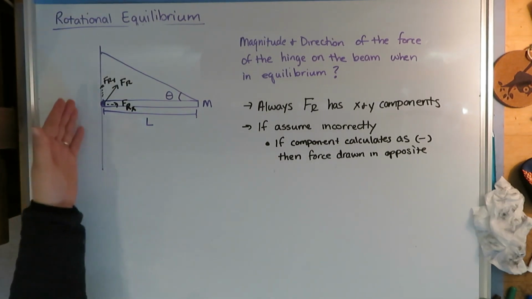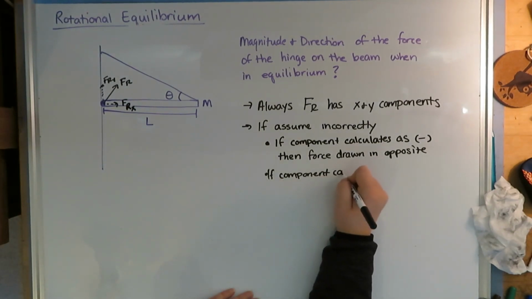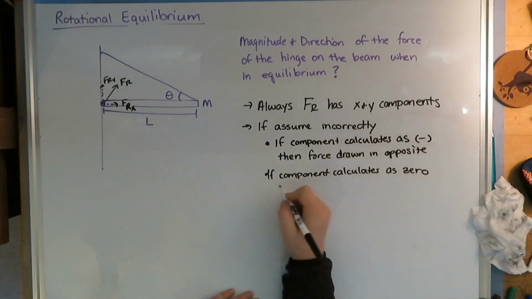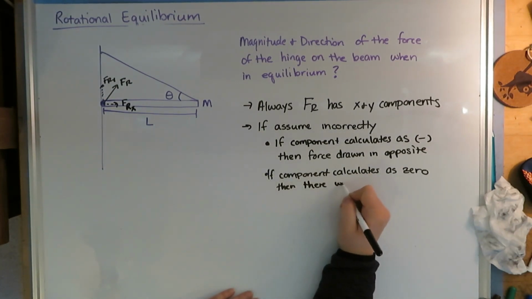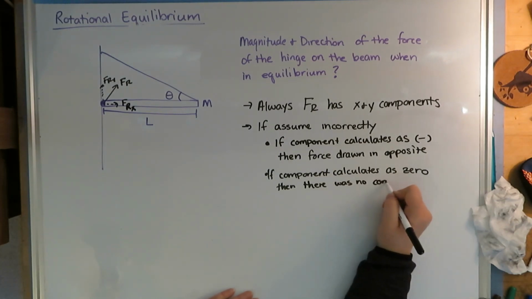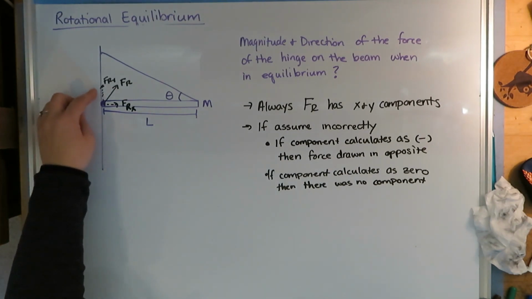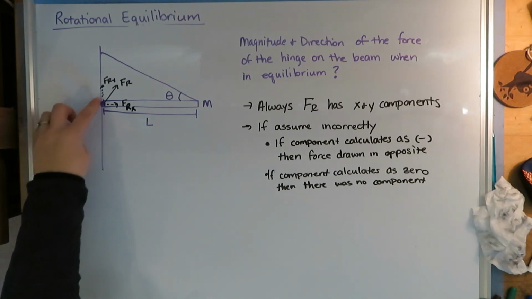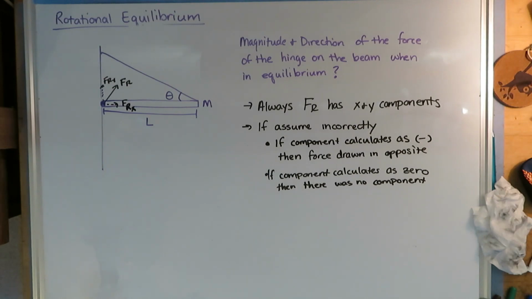And if a component calculates out as 0, then there was no component. And that just kind of makes sense. So our assumption that FRY is up and has a value could actually be incorrect if it calculates out as 0. Then it's like, oh, well, I didn't need that anyways.